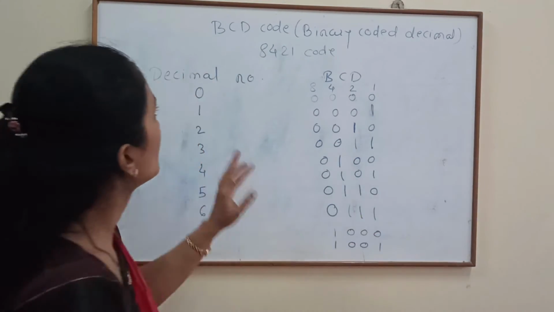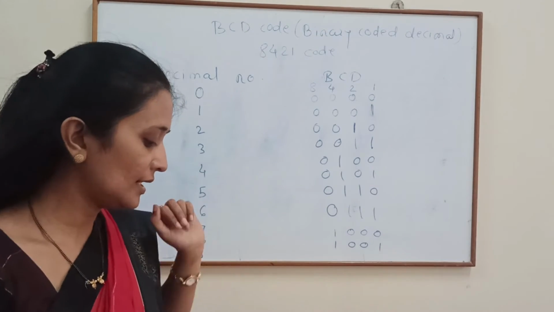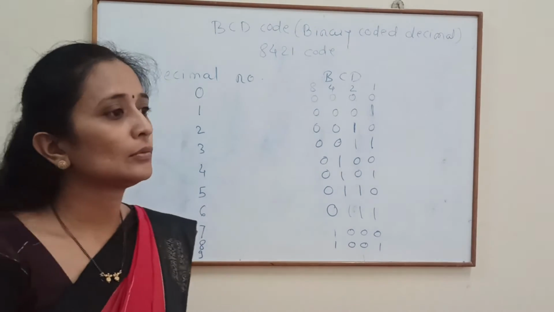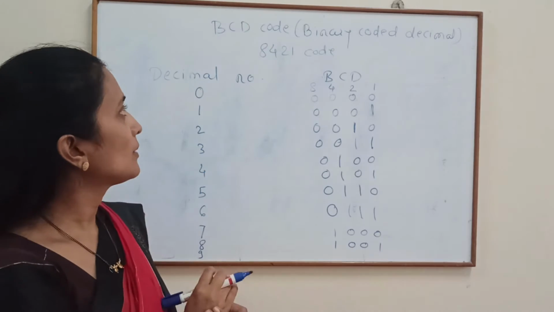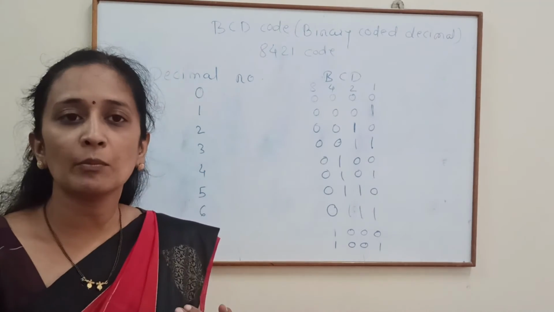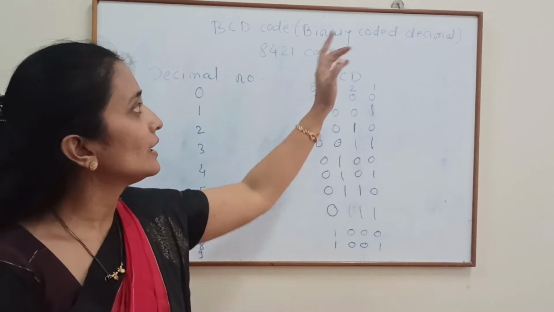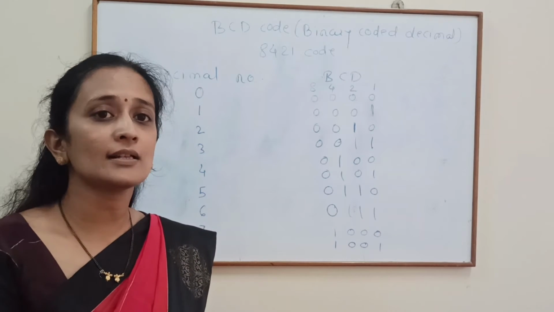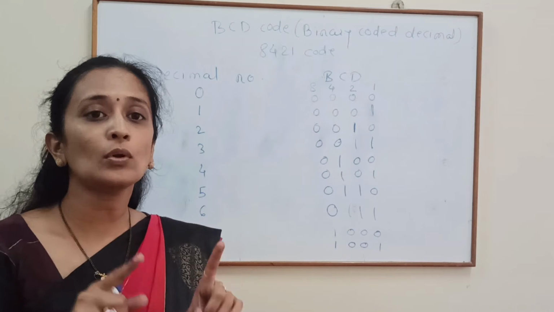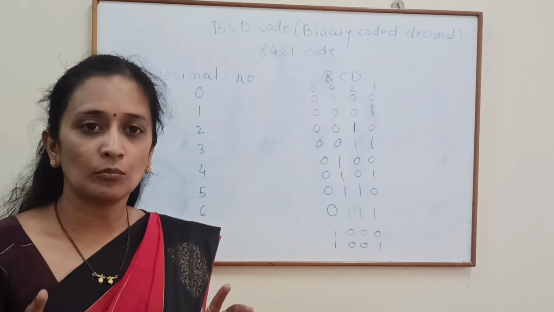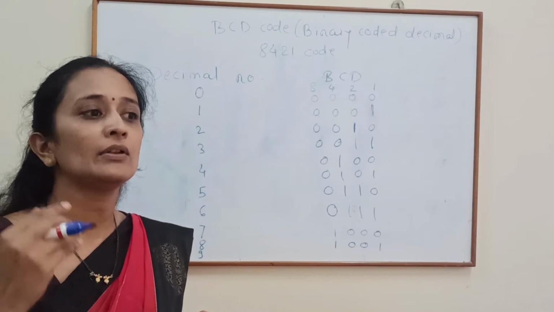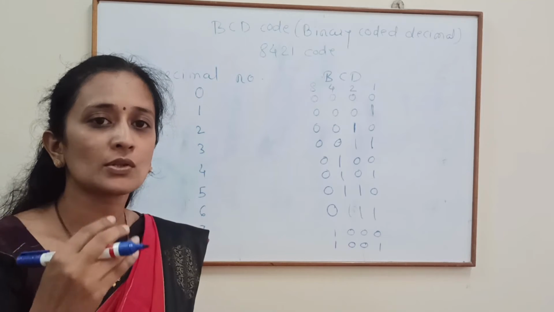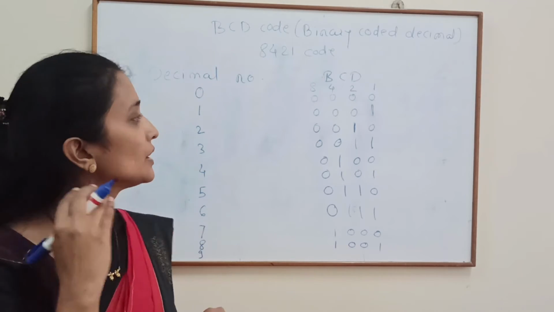This is the binary coded decimal. What we have to remember about this? This is weighted number system. This is binary coded decimal. Weights are 8421. Why it is 8421? Because it is 4-bit binary number and each bit will be having weight 2 raised to 0, 2 raised to 1, 2 raised to 2, 2 raised to 3.